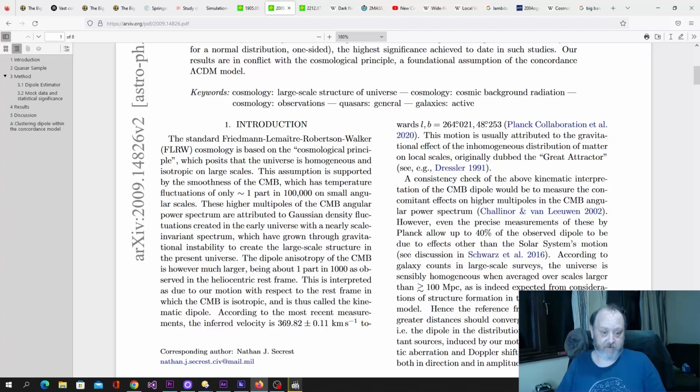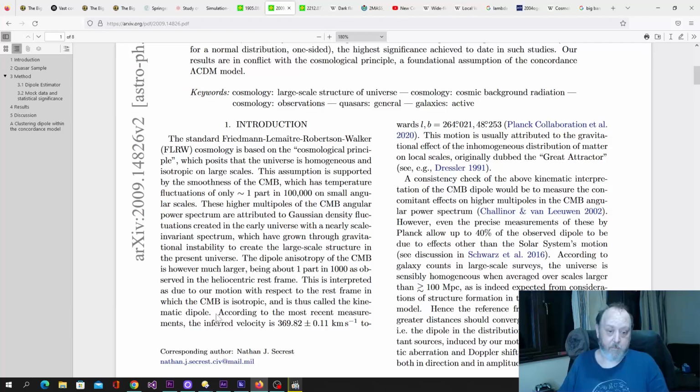This is interpreted as due to our motion with respect to the rest frame in which the CMB is isotropic, and is thus called the kinematic dipole. So that was that whole explanation of our solar system moving towards the direction of Leo and away from Aquarius, creating this doppler shift.